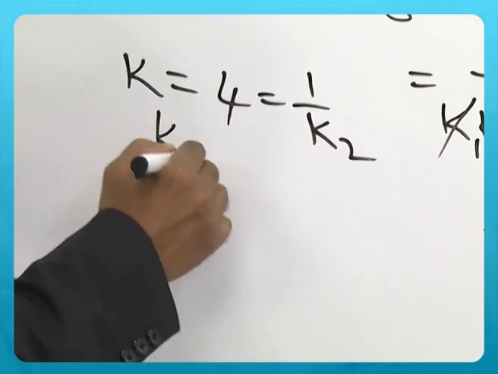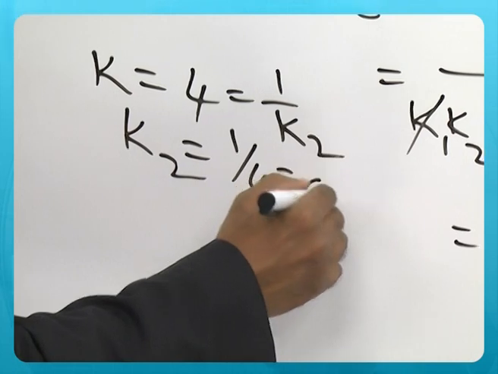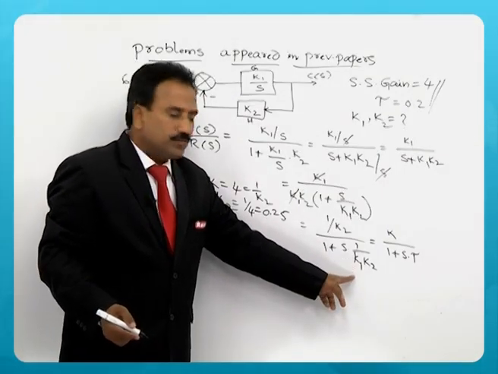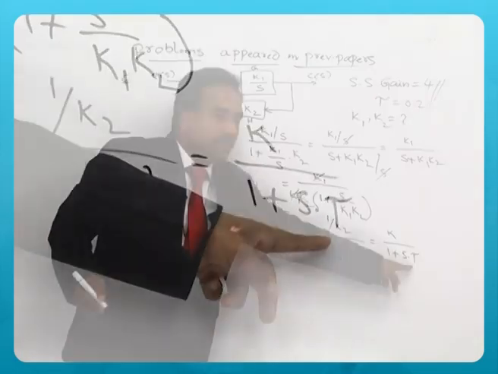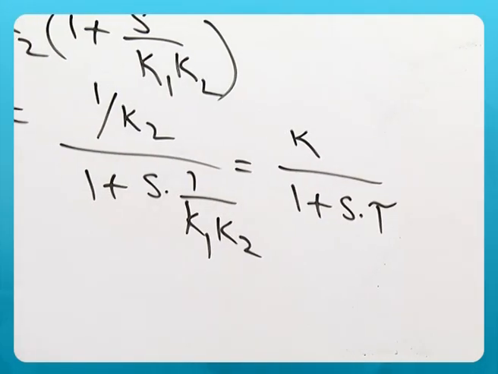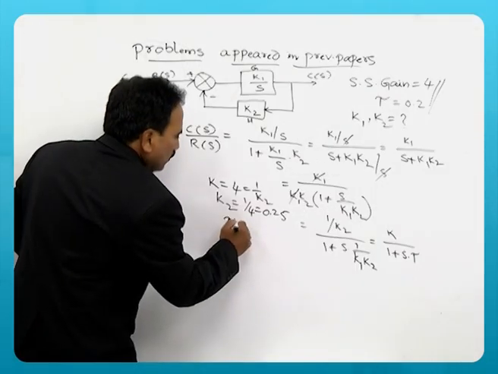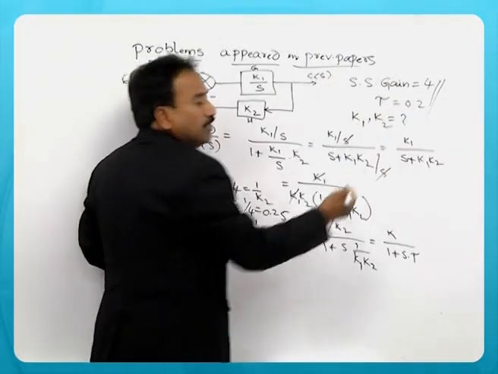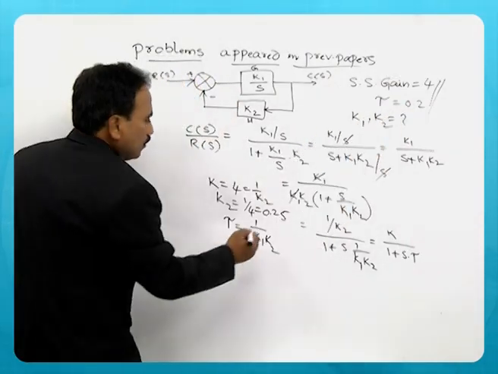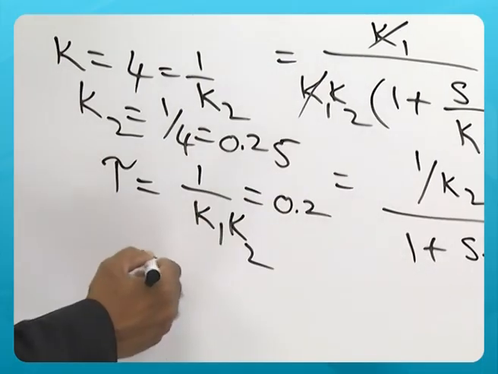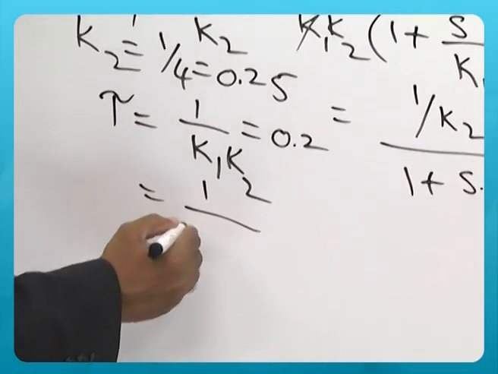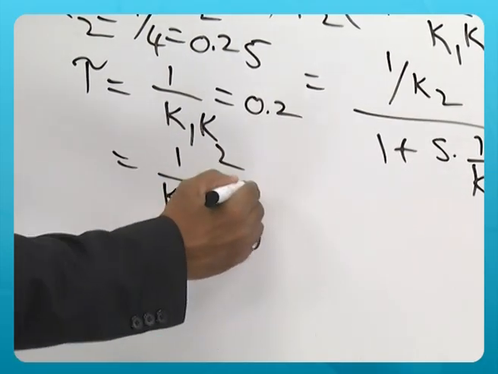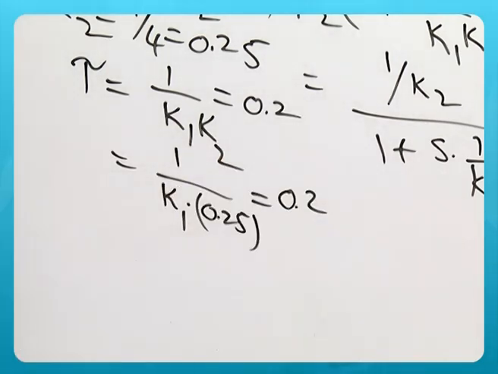So k2 is now 1 by 4, 0.25, and tau is the time constant. The coefficient of s is the time constant when you write in 1 plus s tau form. So tau is 1 by k1 k2, where tau is given in the problem as the time constant 0.2. Now k2 you know already, so 1 by k1 into 0.25 is equal to 0.2.